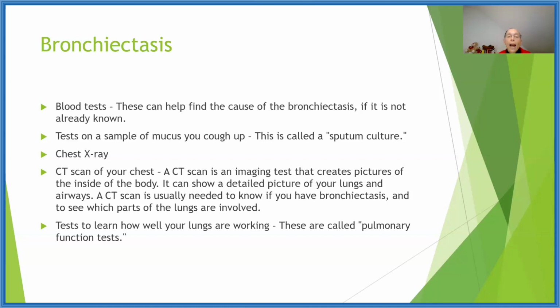Because those patients present with frequent infection, at the clinic we routinely will obtain sputum cultures. We also will request different types of blood tests to try to elucidate the cause of bronchiectasis. And lastly, we often need to know how the person's lung function is, and we will request a pulmonary function test.